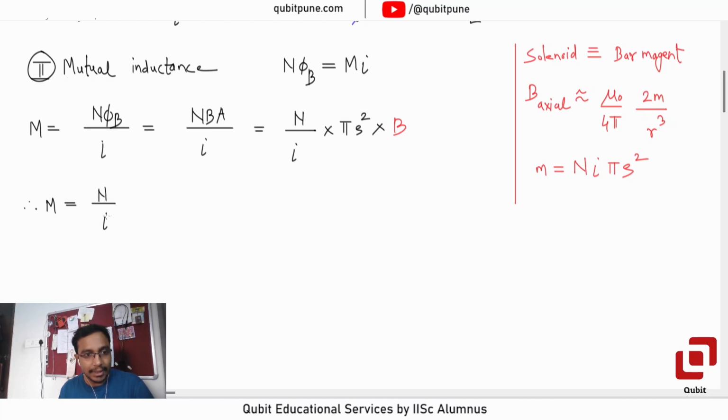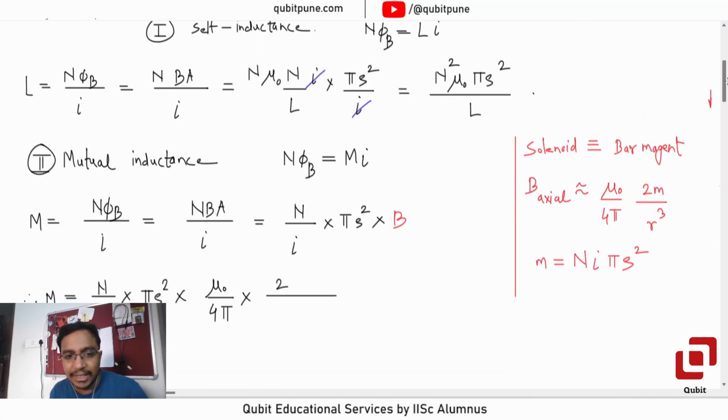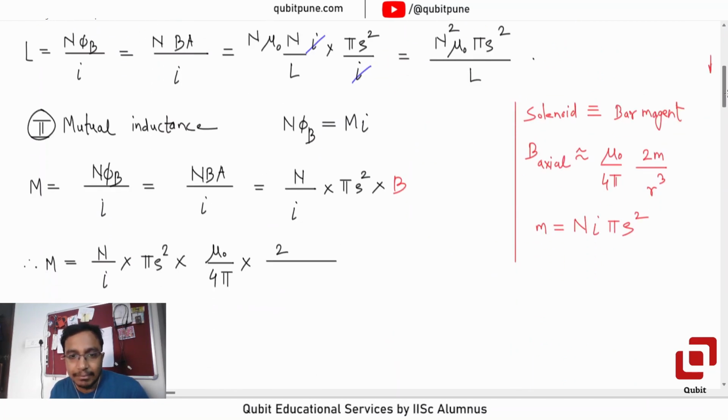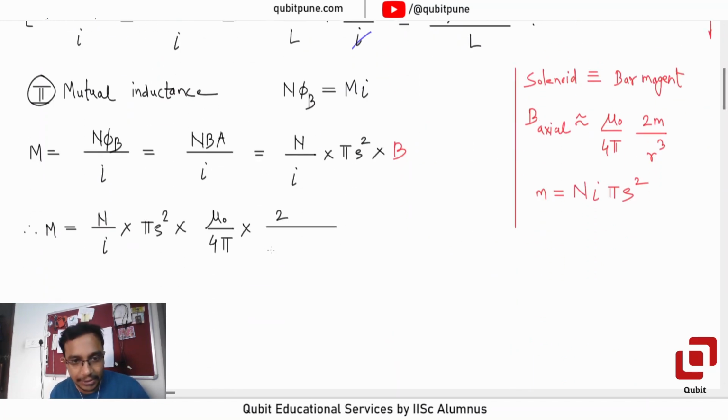N by I pi rho squared into B axial, so that's mu naught by 4 pi into 2m upon r cube. Yes, but now should I take r? I should use d there, because that's the separation distance, d cube.